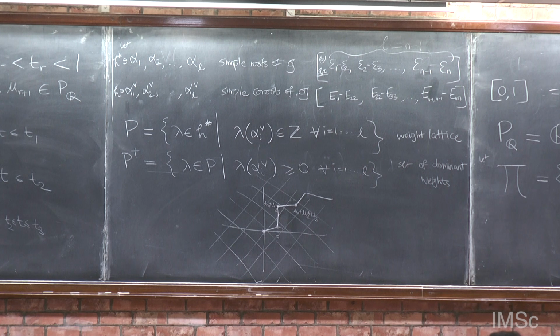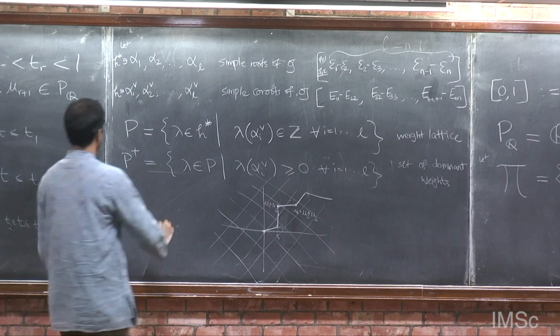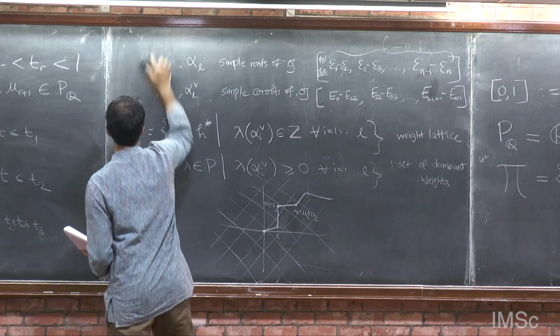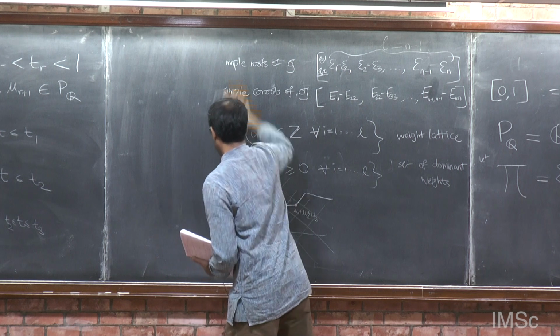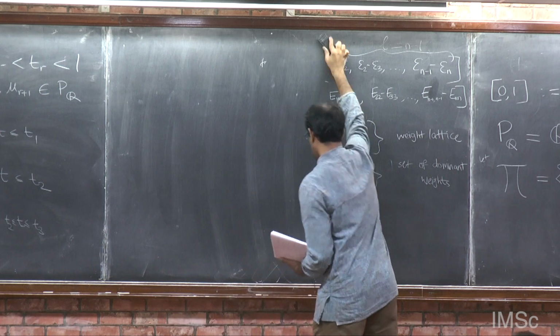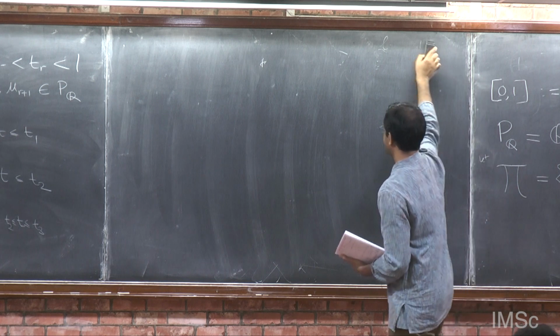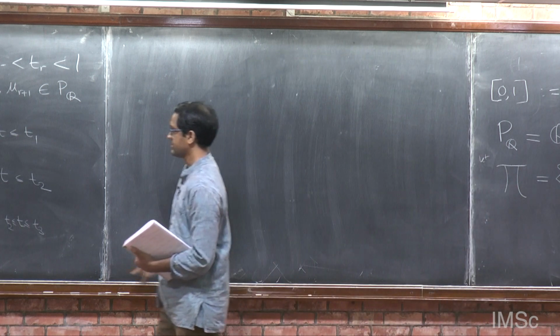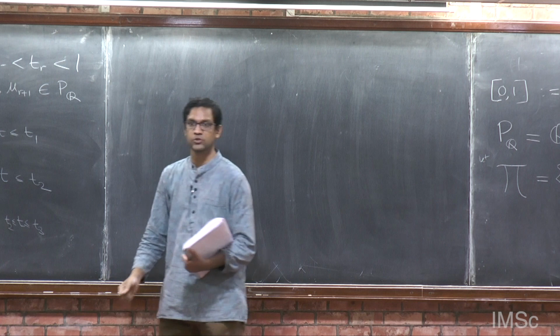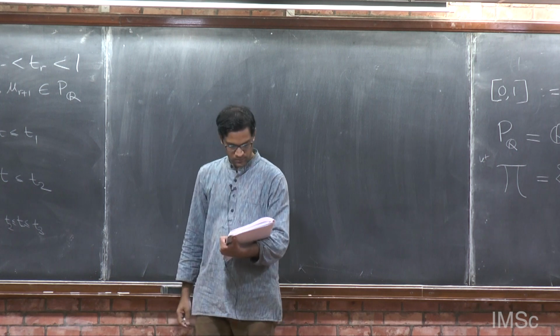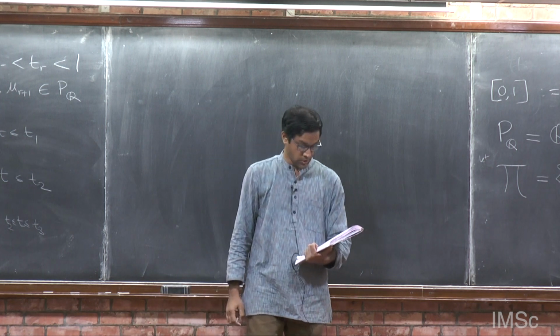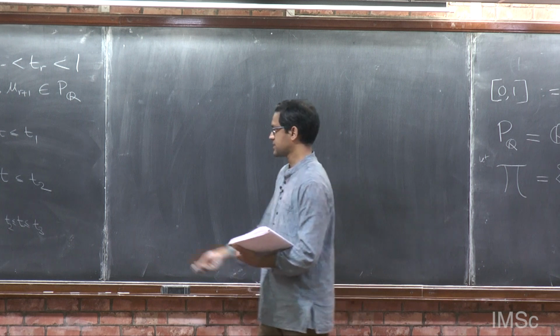So if you wish, this is the usual 0, 1 intersection Q. So for all rational values of t, this path pi t, the value is in fact in PQ, in the Q span of P. Okay, so that's this formula.